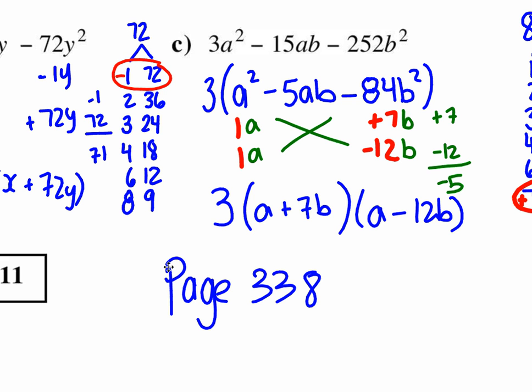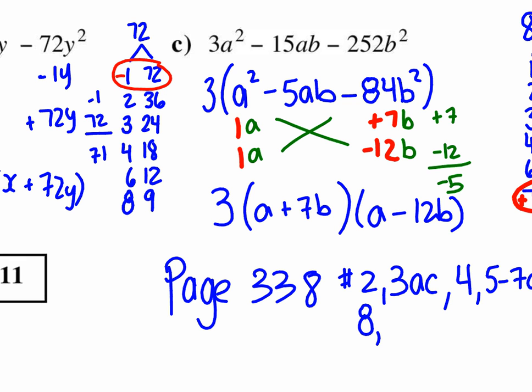Numbers 2, 3, A and C, 4, 5 to 7 eighths. So 5 ACE, 6 ACE, 7 ACE, 8, 10 AC, 12 and 13.